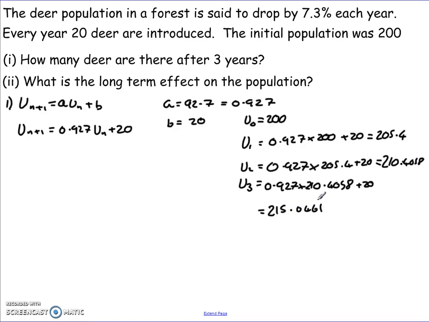Now, what this means is I now have to look at this and relate it back to the scenario. I can't have 0.461 of a deer. Just doesn't work. You can't have a certain part of a deer. A leg doesn't count. So what we have to do is make sure that this is rounded properly. So what this tells me is that after 3 years, I have 215 deer.